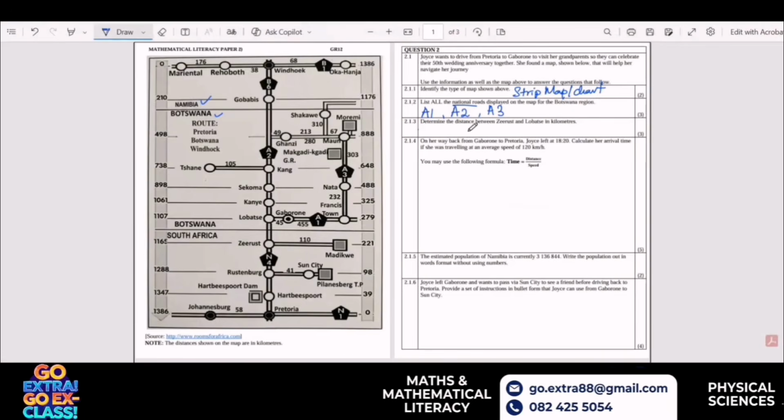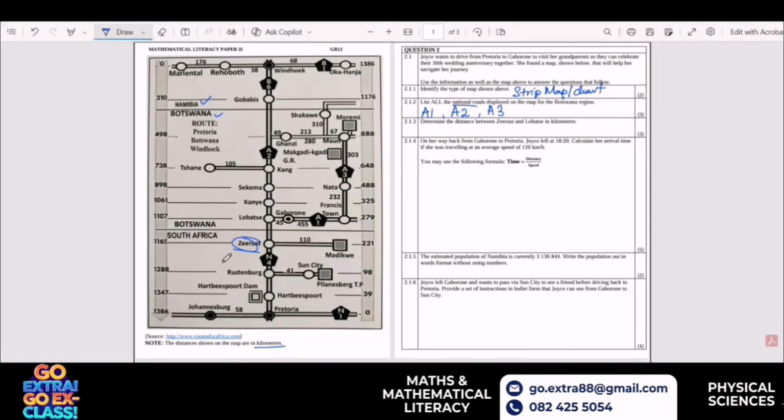Now let's move on to the next question. It says determine the distance between Zeerust and Lobotswe in kilometers. On this map, if you check the distance here, it's already in kilometers, guys. But you need to look for Zeerust. So here is Zeerust, on this side.